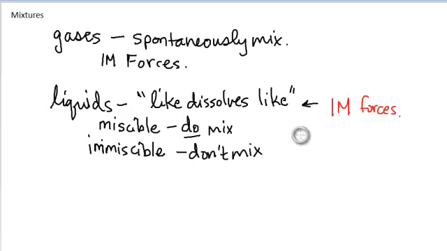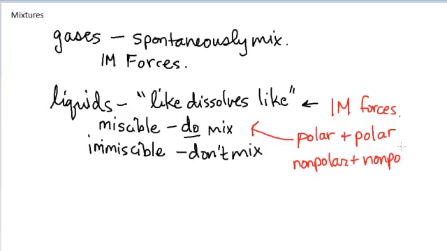And we can kind of generalize this. This is very much a generalization, but it works pretty well with some exceptions. If you have two substances that are polar, a polar and a polar, they tend to be miscible. Two substances that are polar would have dipole intermolecular forces as well as London forces. They do tend to be miscible. If you have two nonpolar substances, then again they tend to be miscible because they have similar forces.